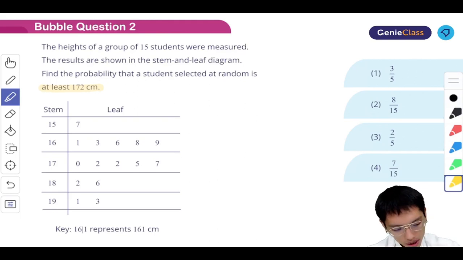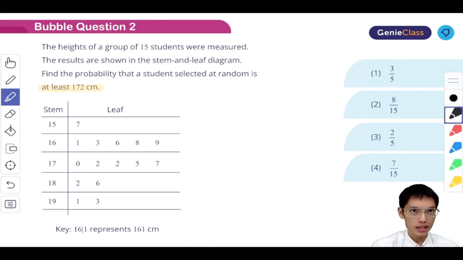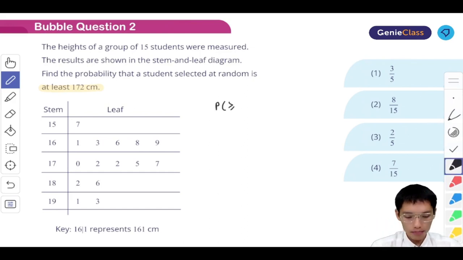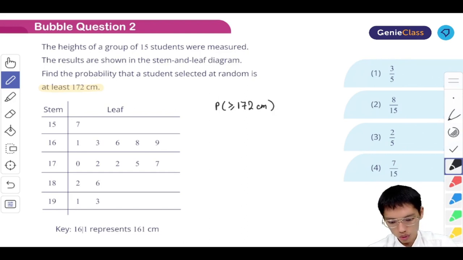Okay, very nice. So take note, when I say at least 172, the word at least tells me, do I include the value of 172 or not? When the word at least comes into play, we include, because the least number is 172. So I'm including the number 172 cm.